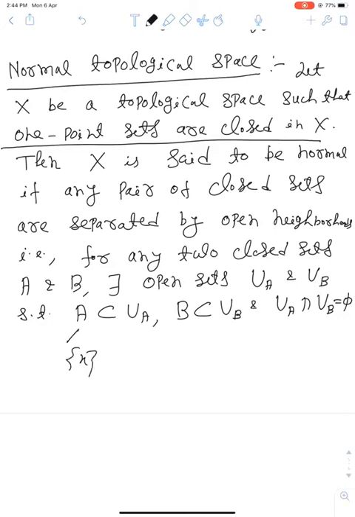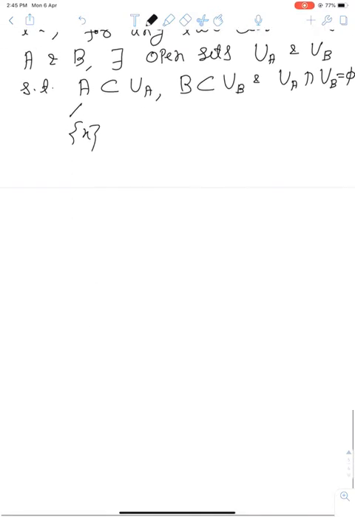Since singleton sets are closed and any two closed sets are separated, if we choose any point and a closed set, then they are also separated by open neighborhoods.